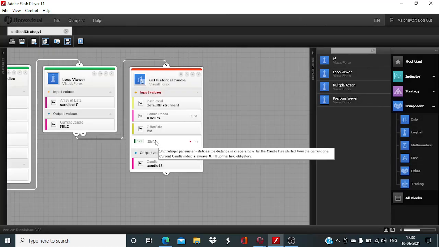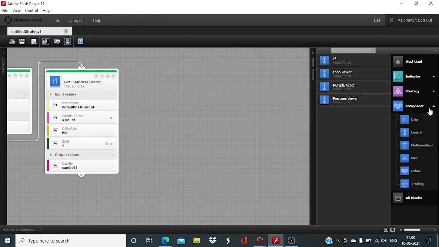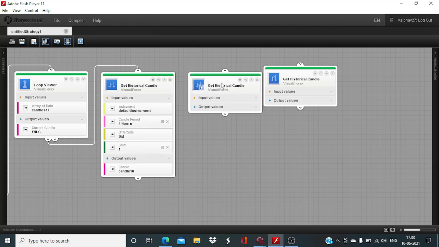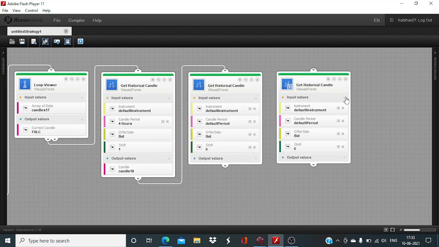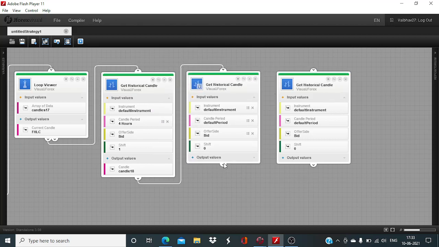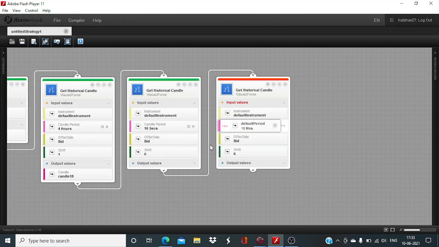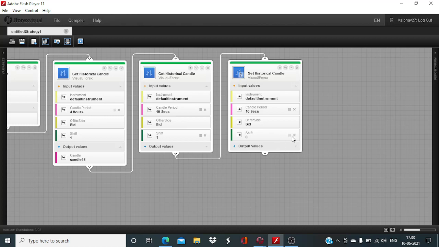In this case, the shift will be 1, and then as per the customary practice, we also need 2 more get historical candles of 10 seconds each, with shifts 1 and 2 respectively.